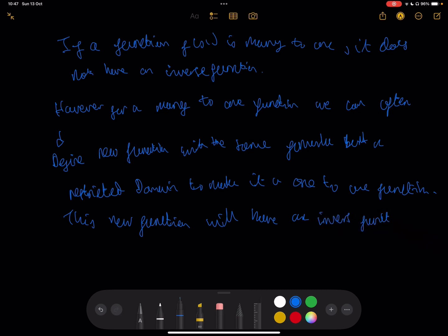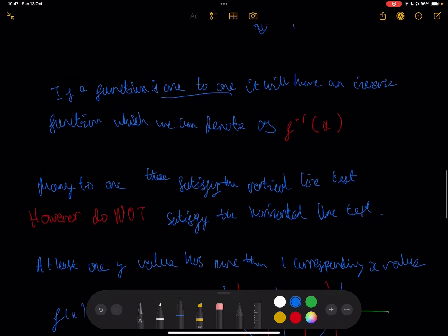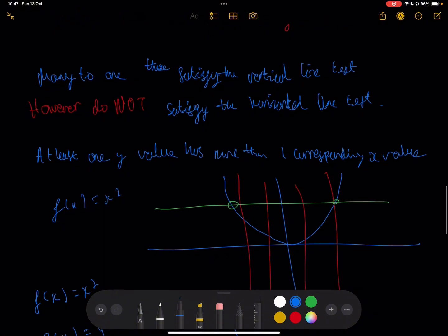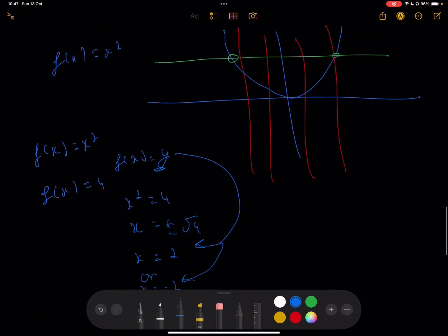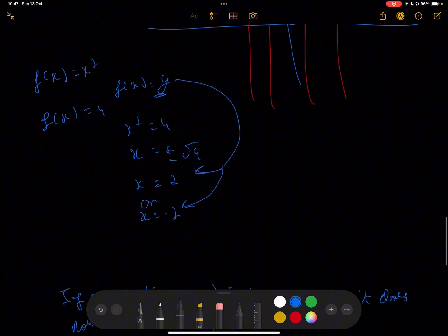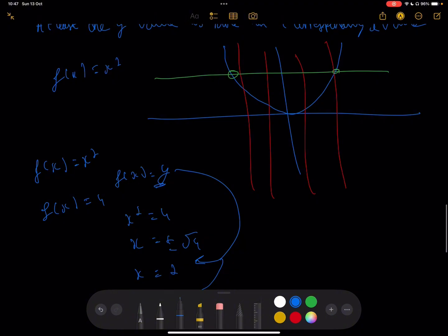As we know, one-to-one functions do have an inverse function as they satisfy both horizontal and vertical line tests. However, we know that many-to-one functions satisfy the vertical line test, but do not satisfy the horizontal line test, so therefore don't have an inverse function, right? However, we can manipulate the function, whereby we can restrict its domain.